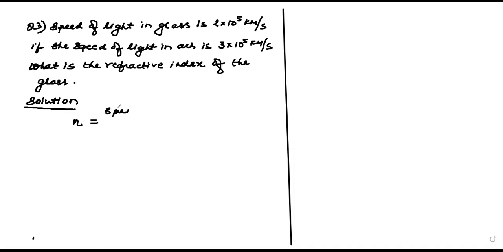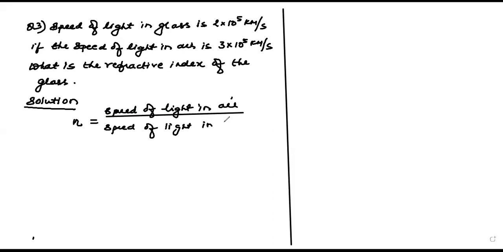Refractive index is speed of light in air, we call it velocity of light in air, upon speed of light in that given medium. Which medium are we talking about here, children? We are talking about glass here. So I'll say speed of light in glass. Please learn this formula by heart.